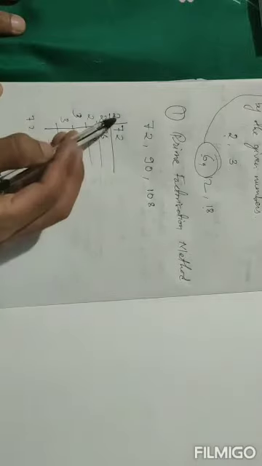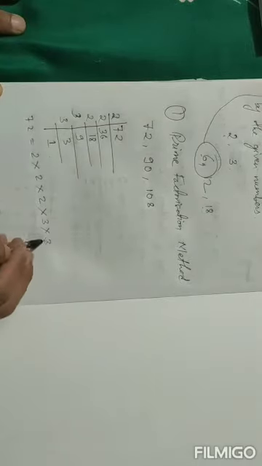So 72 equals three 2s and two 3s: 2 into 2 into 2 into 3 into 3. This is for 72.